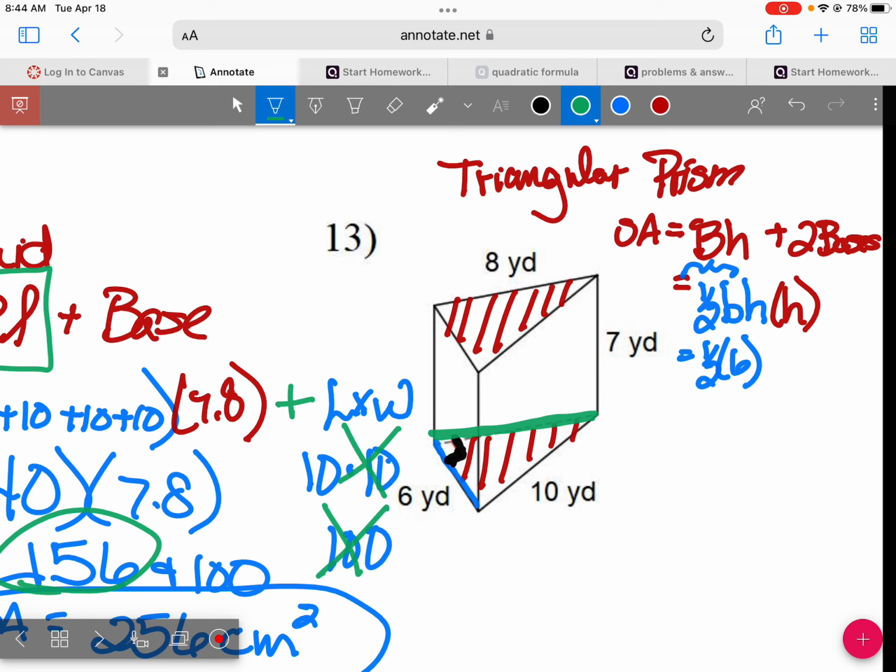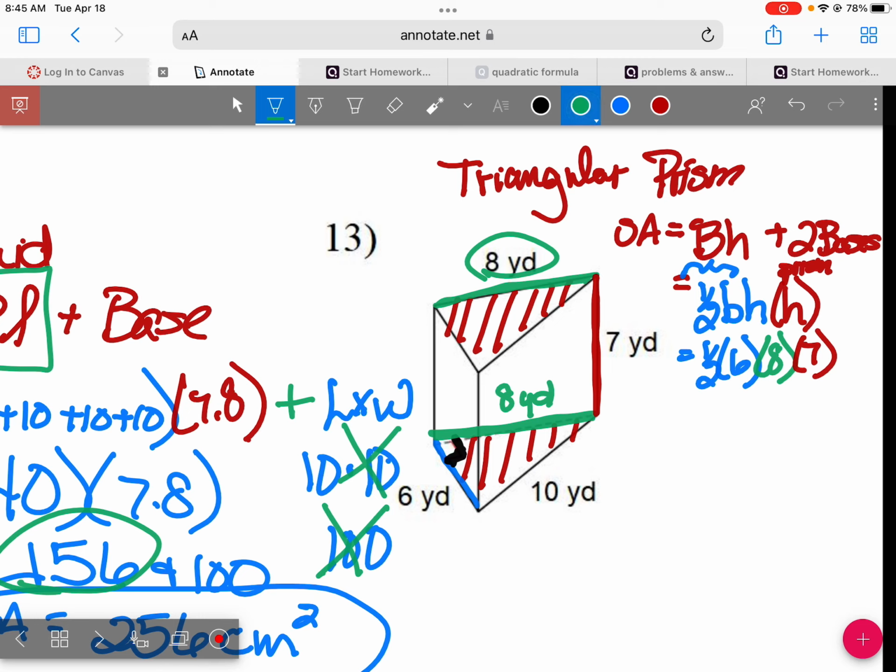It is 8, yes, because it's right up here. And that is the same down here at the bottom. So my height is 8. That's just for the triangle. Now, H is the height of the prism, the distance in between the two bases. So what is this distance between the two bases? 7. Good.